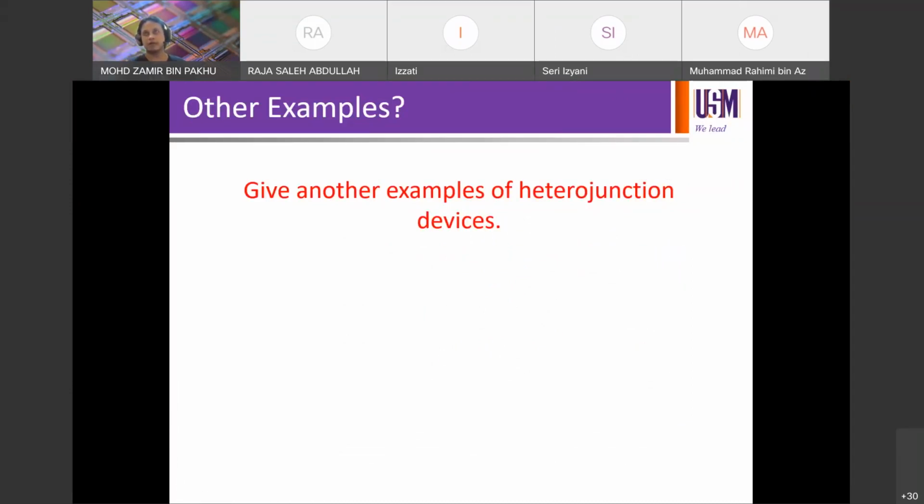Okay, some devices you may find working on homojunction architecture. Some other devices may thrive on heterojunction architecture. So try to go back and search for yourself. So what are those examples of heterojunction devices other than the solar cell that I showed you just now?